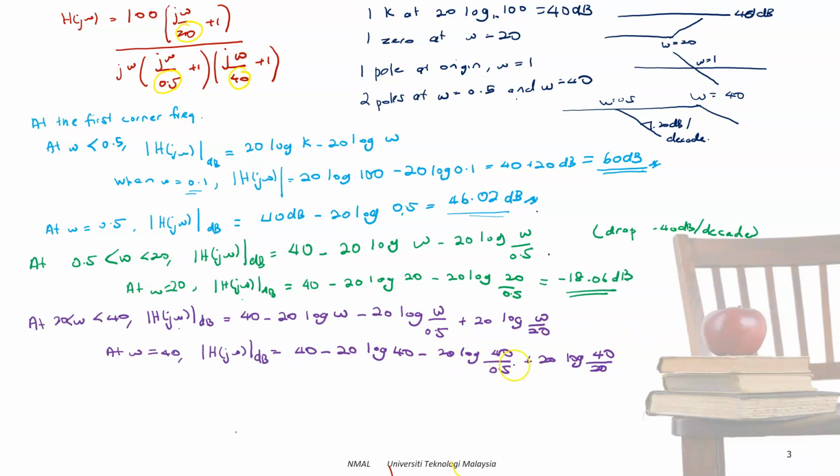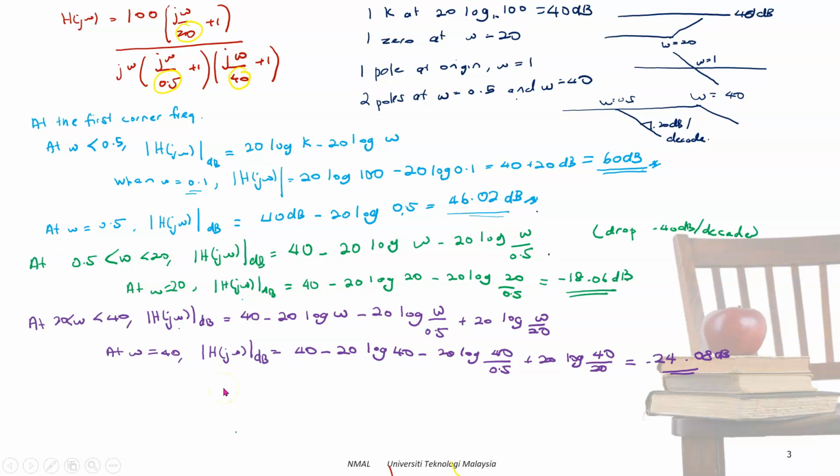You put it in your calculator and you will get 24.08 dB. So this is another value that we plotted, at omega equal to 40. Now the next corner frequency is 40, so we want to plot at omega beyond 40 so that we know where we should end our plot.